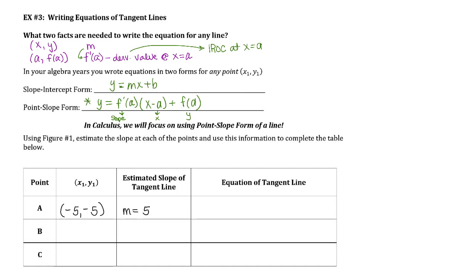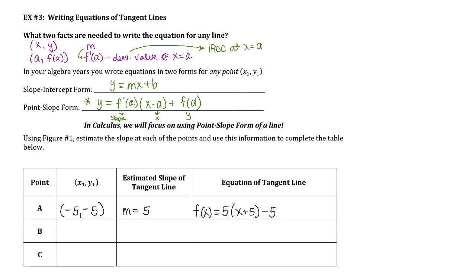And now we have everything we need to write the equation of the tangent line. So y, and we really probably should start that out with f of x. It's going to be interchangeable, but you'll see f of x more so than y. So f of x equals our slope times x minus a. So minus the -5 is +5, and then plus a -5 or -5.